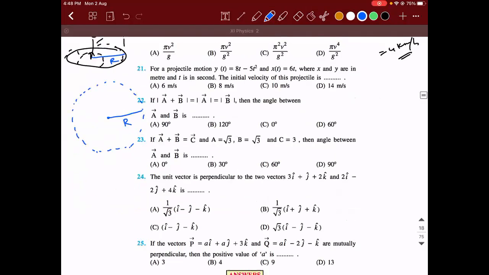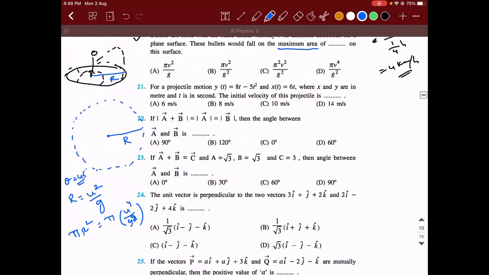Sir, if sine 2 theta is equal to 1. That is when theta is equal to 45 degrees. So the maximum range is u square by g. So area is pi r square, so pi into u square by g the whole square, that is u power 4 by g square. So pi into u power 4 by g square is the answer.